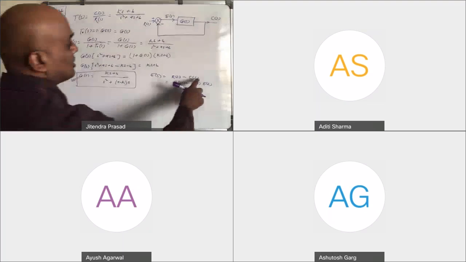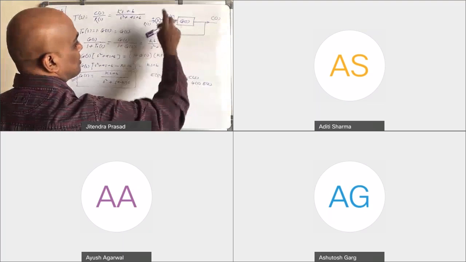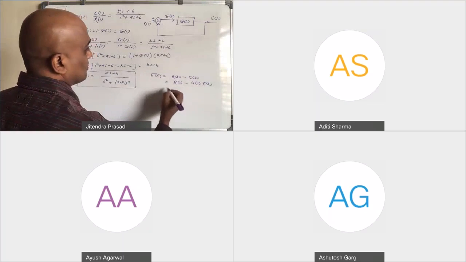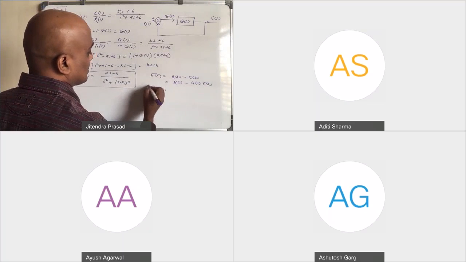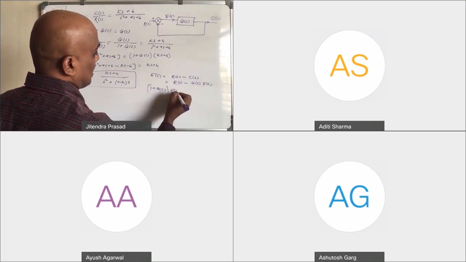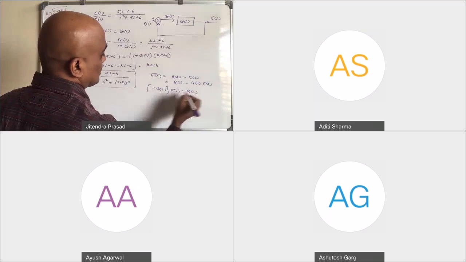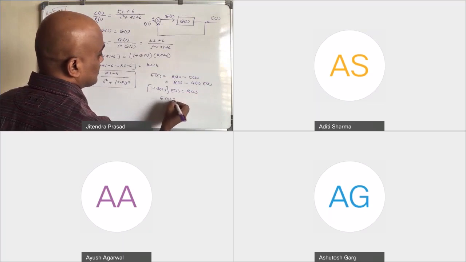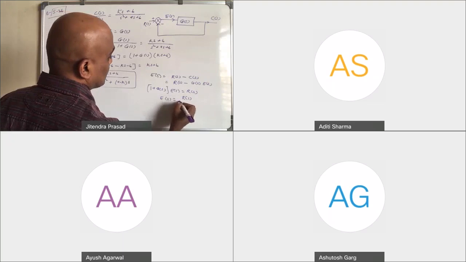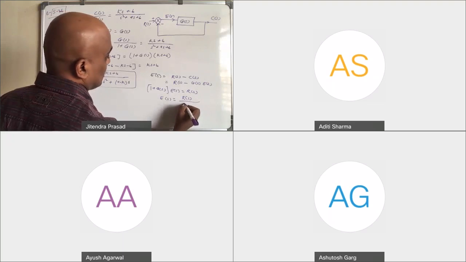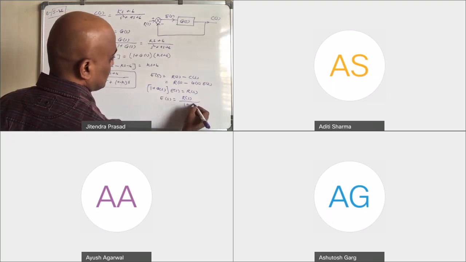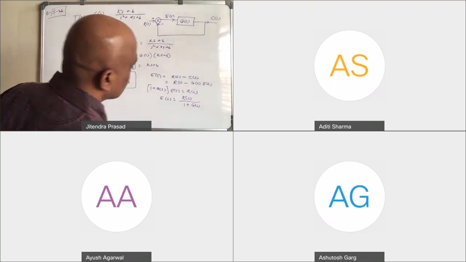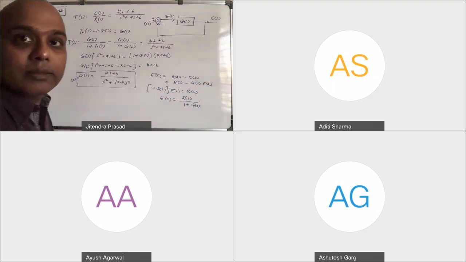So C(s) equals G(s) multiplied by E(s), and so we get 1 plus G(s) times E(s) equal to R(s), and hence E(s) equals R(s) divided by 1 plus G(s). Okay? That is what you get.